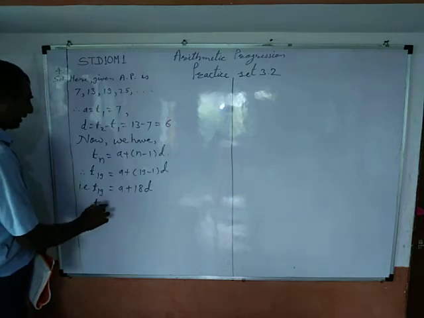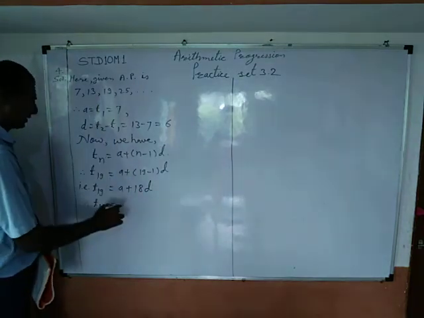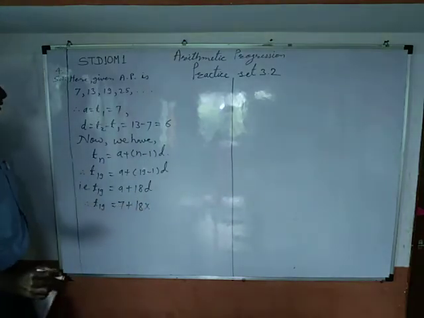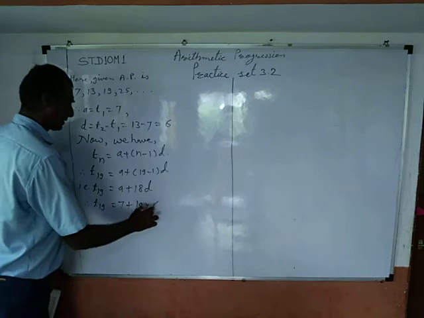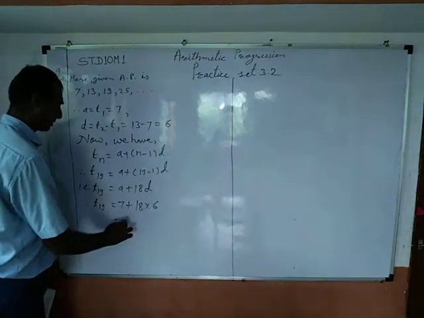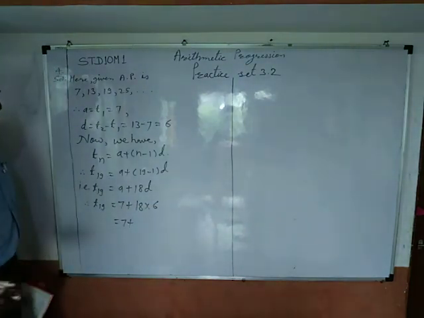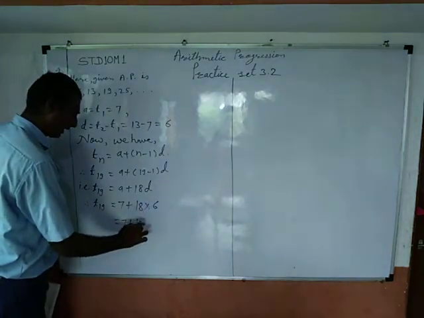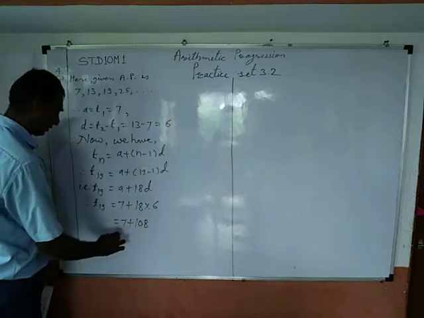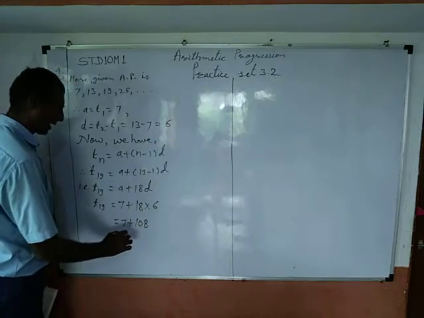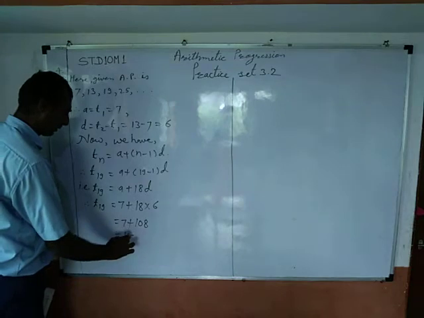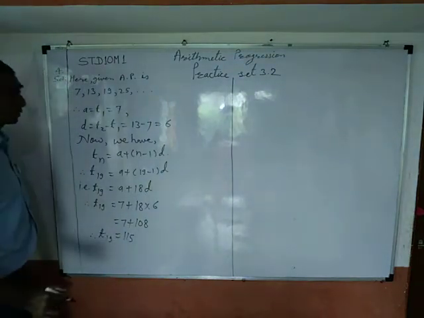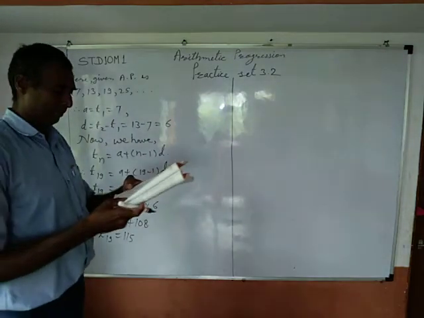Therefore T19 equals value of A is 7 plus 18 into value of D is 6. That equals 7 plus 18 sixes are 108. 7 plus 108 gives us 115, and therefore T19 equals 115.